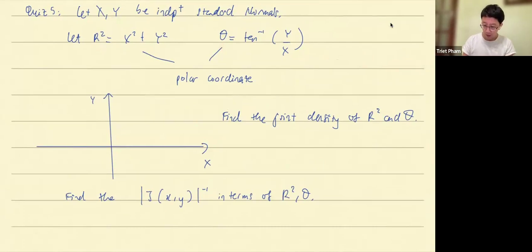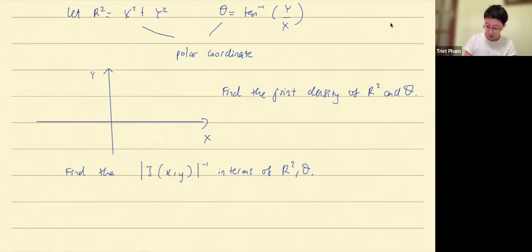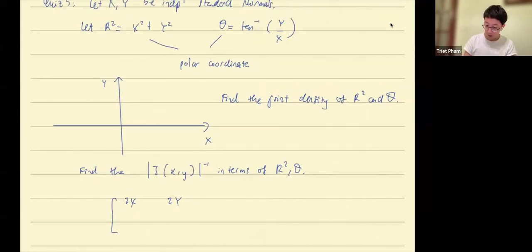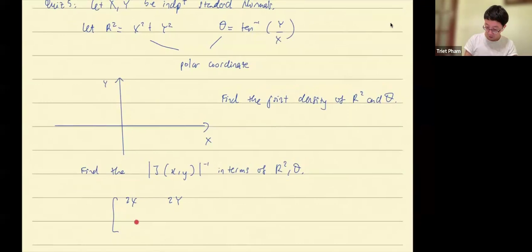So if you do the forward transformation, then you got what? Partial r squared over partial x, which is 2x, and then 2y. Derivative of tangent inverse is what? Anyone remember? 1 over 1 plus x squared. So 1 over 1 plus (y over x) squared.